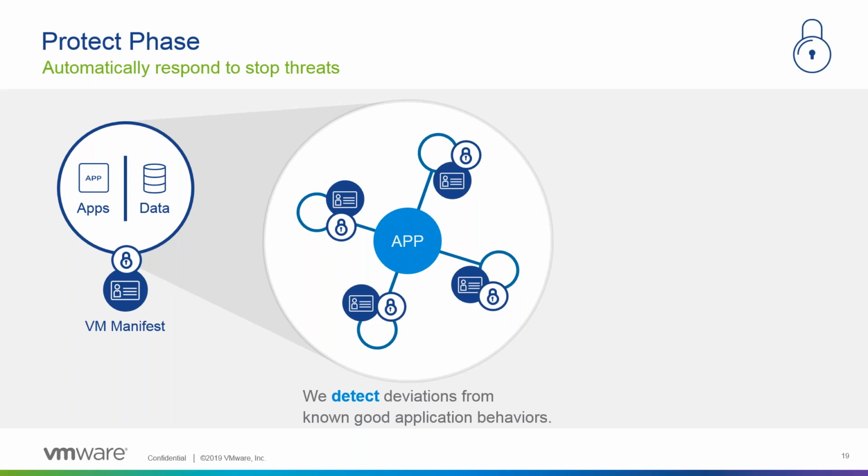For example, we could block a process from executing on a machine, or with the integration with vSphere, the fact that we're in the hypervisor, we could take a snapshot of a VM that's potentially bad for later forensic analysis. And there's a whole runbook of different automated actions that we can take when we notice a deviation from that known good state.